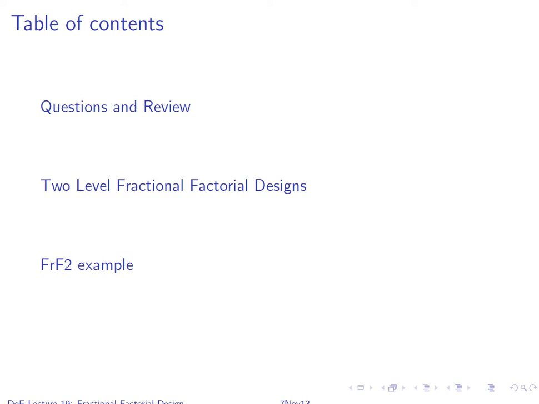The bulk of the material today is on 2-level fractional factorial designs, and even briefer is 2 examples on using an R function, FRF2, which one would use to design fractional factorial experiments, and the output from FRF2 is the design matrix that you would use.